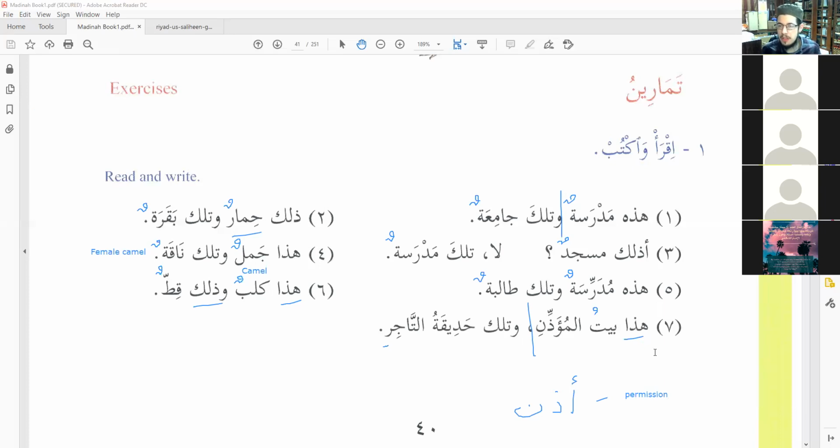With the permission of Allah. From that, we get the adhan, the call to prayer, which is literally permission to pray. From that, we get the verb to give the adhan. Oh, udhun. Excellent, excellent. Udhun, to hear.